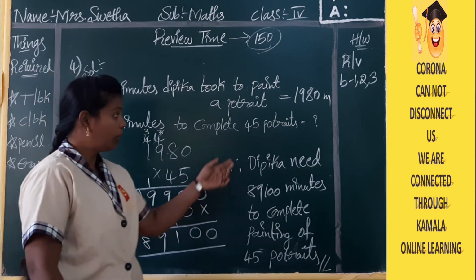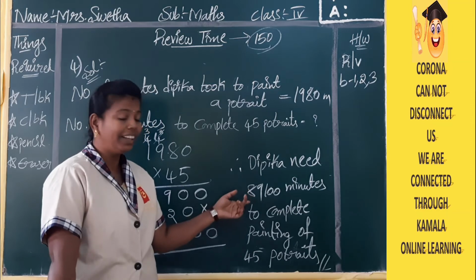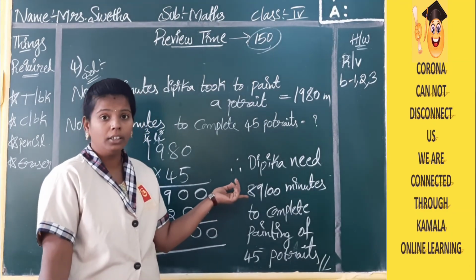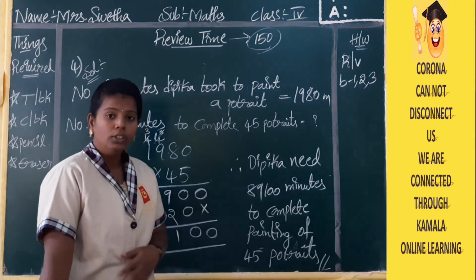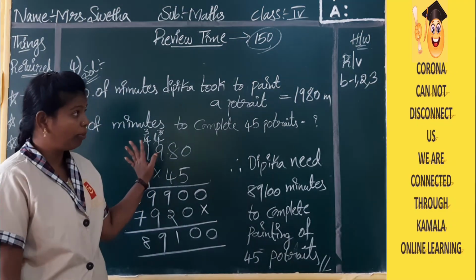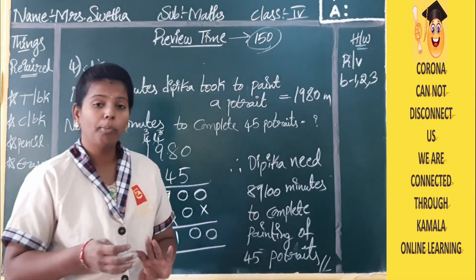So to complete 45 portraits you require 89,100 minutes. By this we have completed our fourth problem also. We will complete the other problems in the next class.